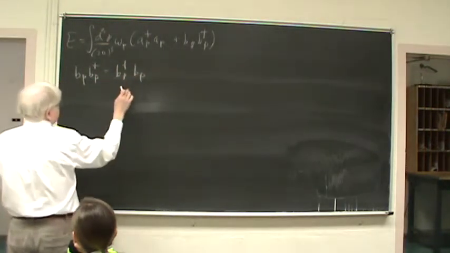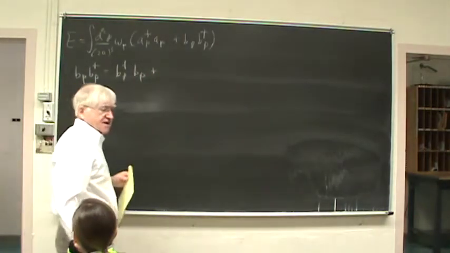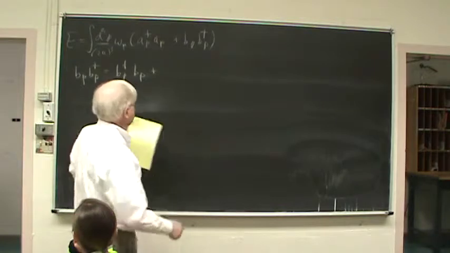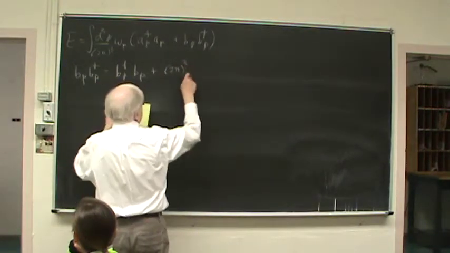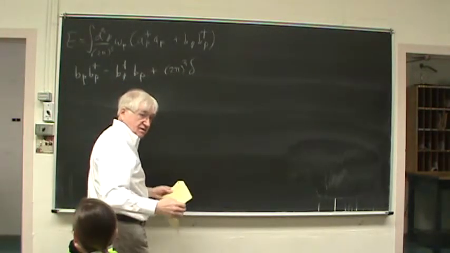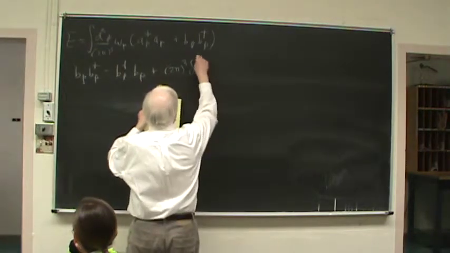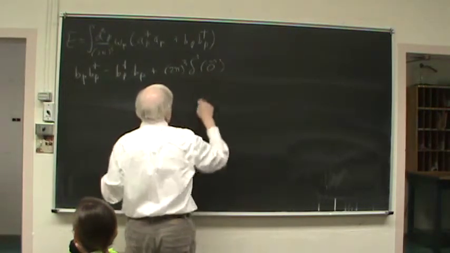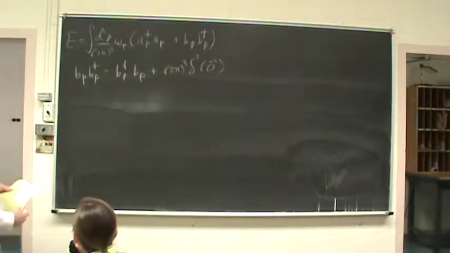In other words, no change. But what is just an i h bar in ordinary quantum mechanics becomes (2 pi)^3, or a delta ij in many variable quantum mechanics. This is delta cubed of the zero vector because the two p's are identical. It would have been p minus p prime.